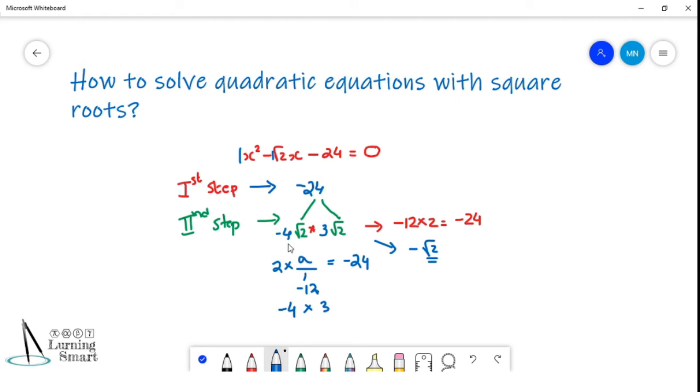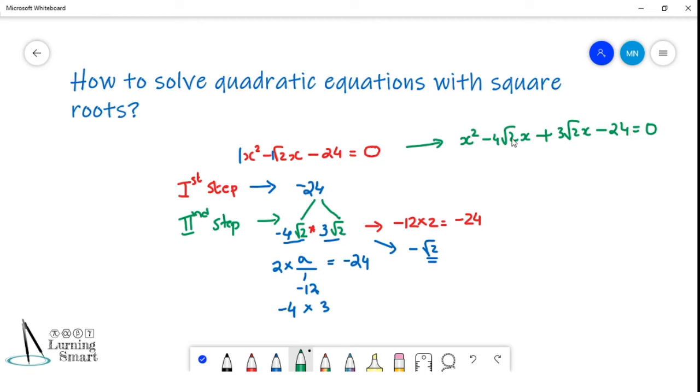Okay, so this is how you factor 24. Okay, so the minus root 2x can be rewritten as x square minus 4 root 2 x plus 3 root 2x minus 24 equal to 0.